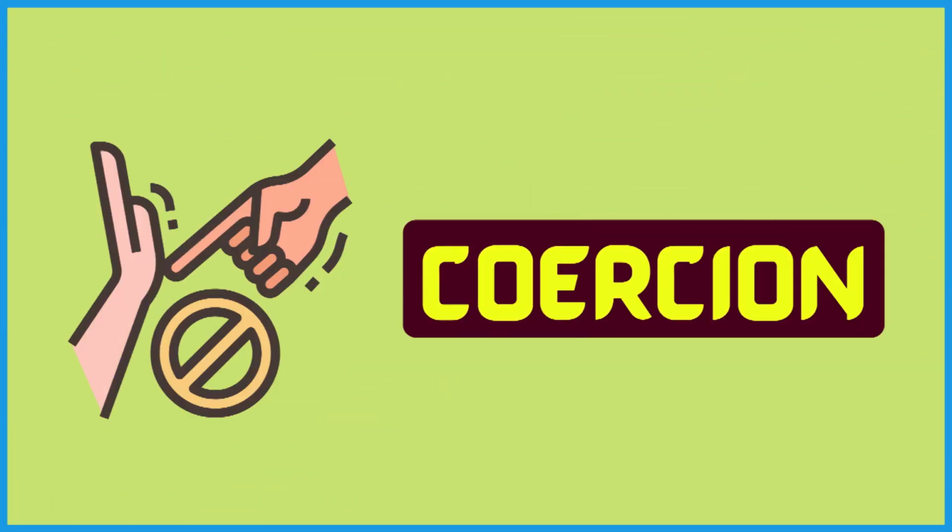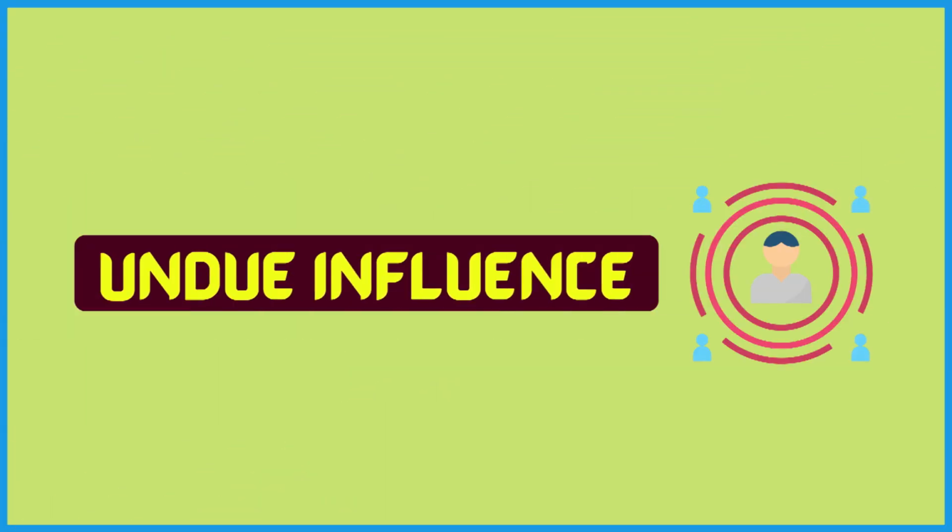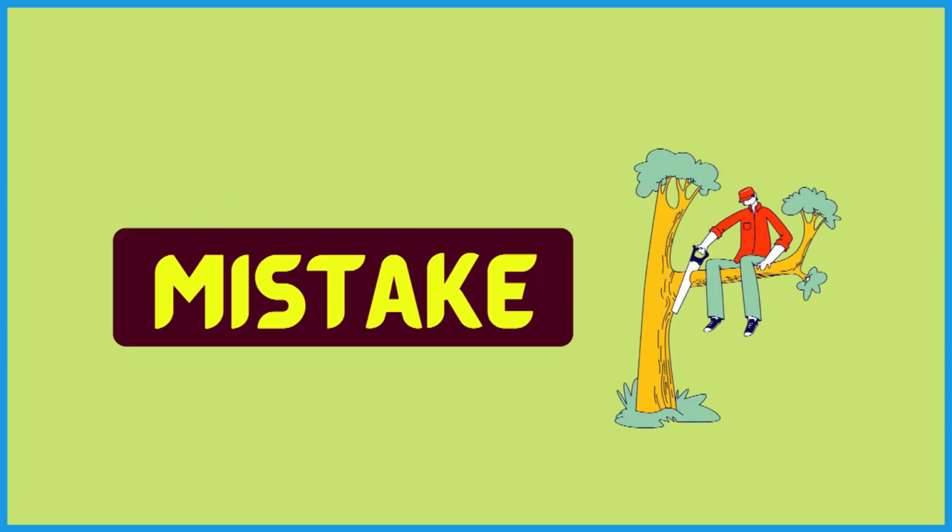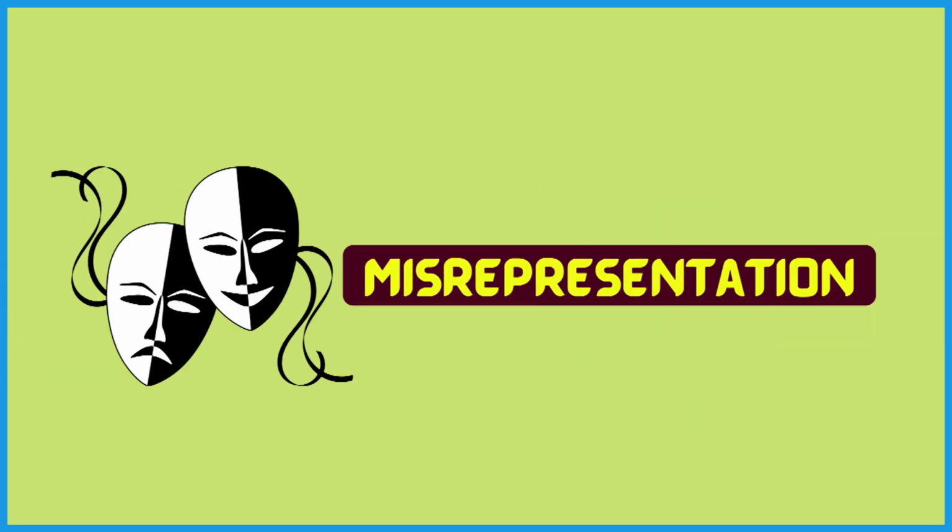And in order to make free consent, we require consent plus the absence of incidents used to obtain consent. That is coercion, undue influence, mistake, misrepresentation, and fraud. So when we are using the term free consent, we must know when consent is not free.